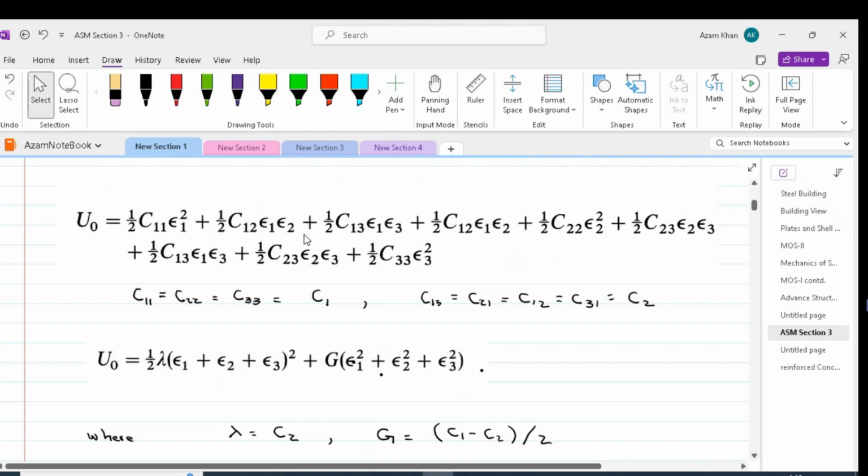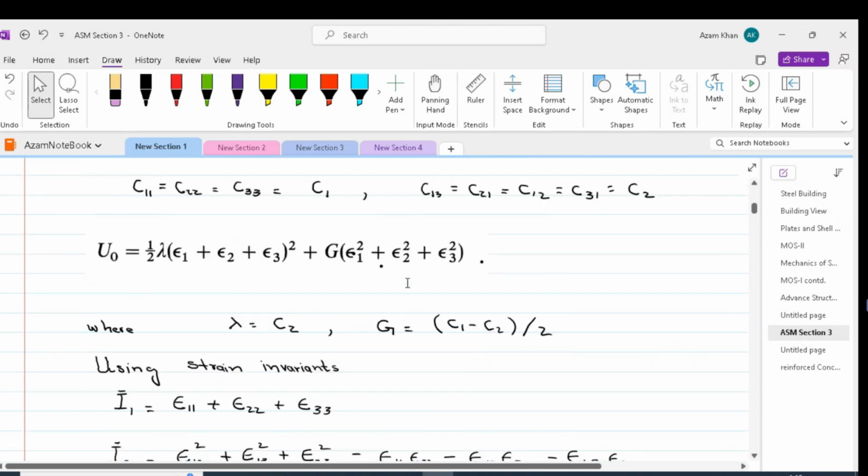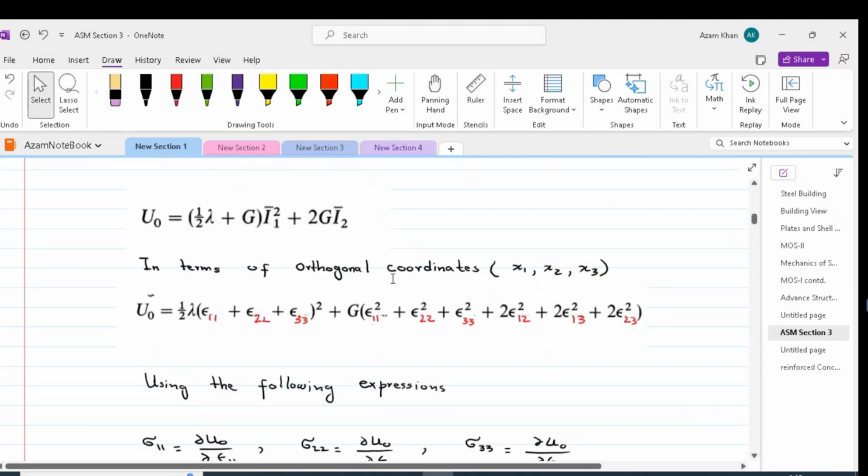We can also write this equation in terms of shear strain, and we get something like the equation shown, which says that the strain energy density is equal to half lambda times (strain 11 plus strain 22 plus strain 33) whole square plus G times (strain 11 square plus strain 22 square plus strain 33 square plus 2 strain 12 square plus 2 strain 13 square plus 2 strain 23 square).